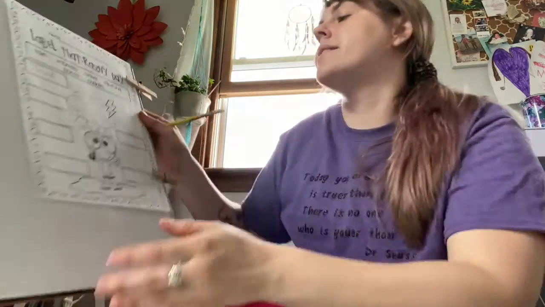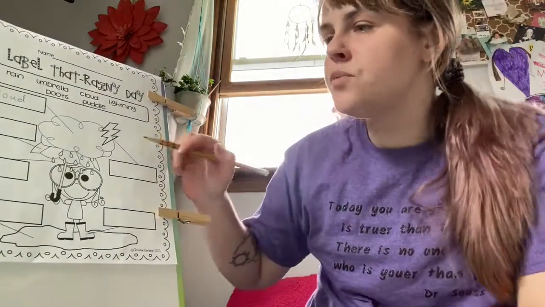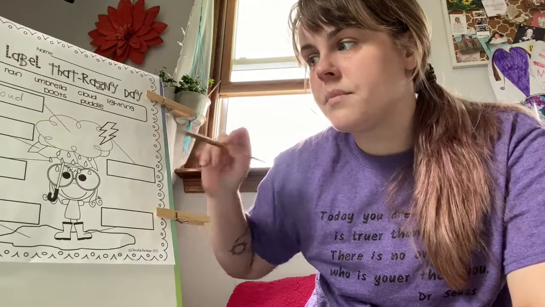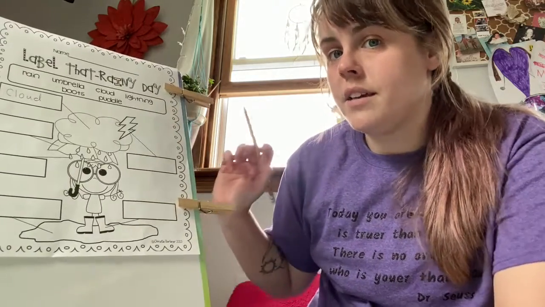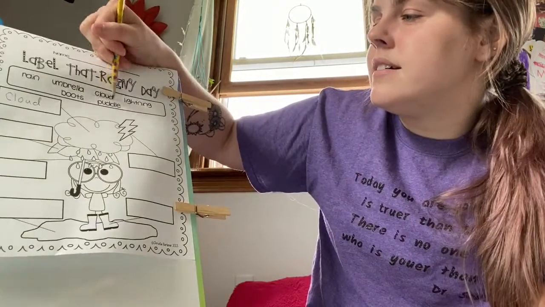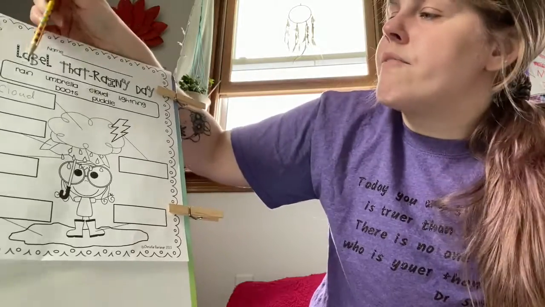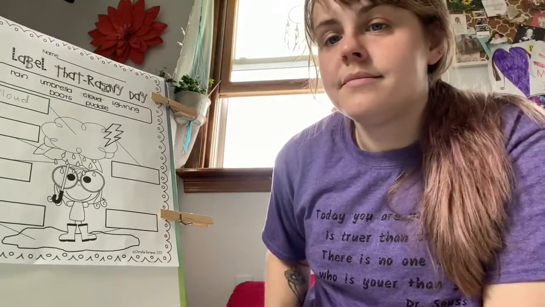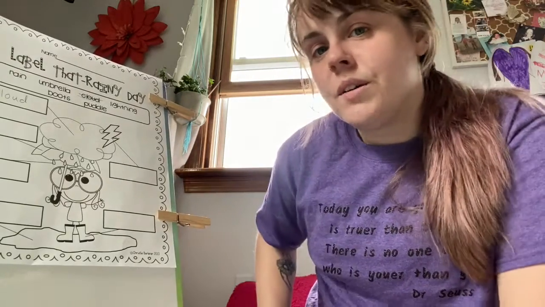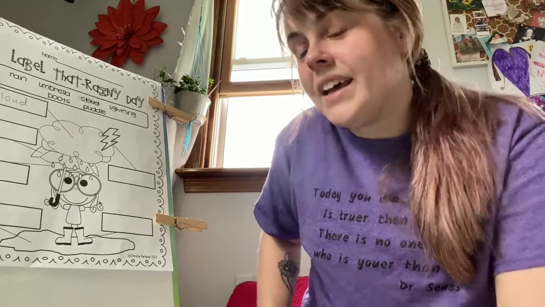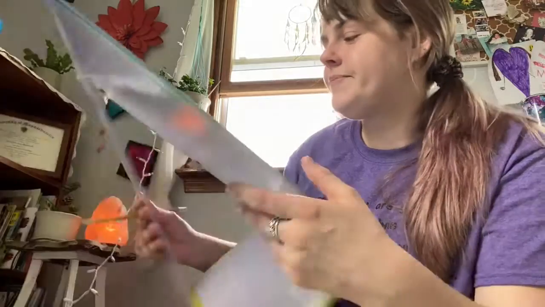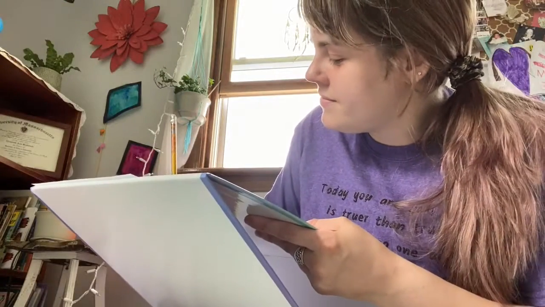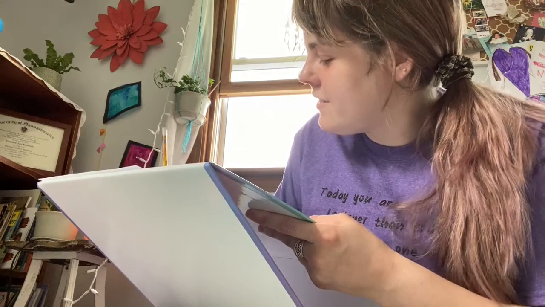Cloud. All right. And this one right here is pointing to something that looks like electricity. So let's see. We already have cloud done. So we have rain, umbrella, lightning, boots, puddle. What does this look like to you? It looks like lightning. Lightning.